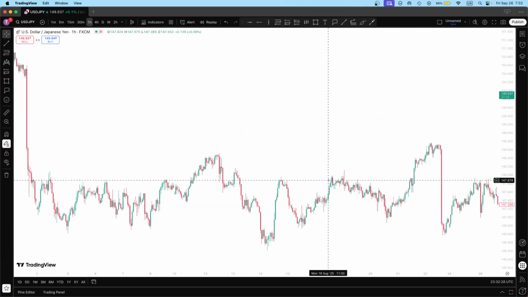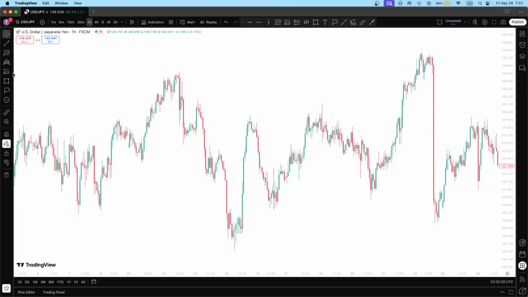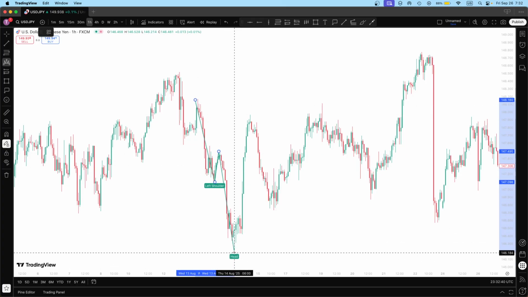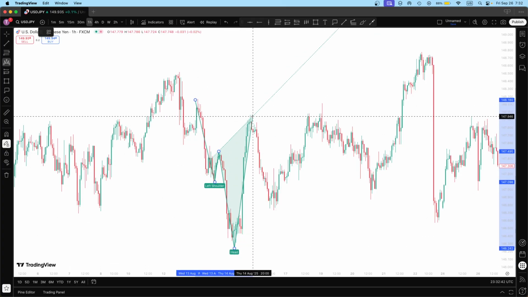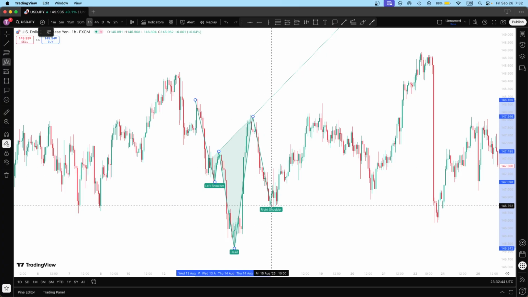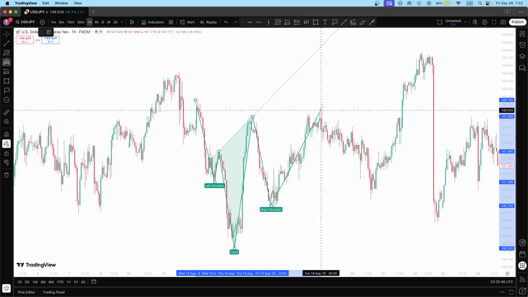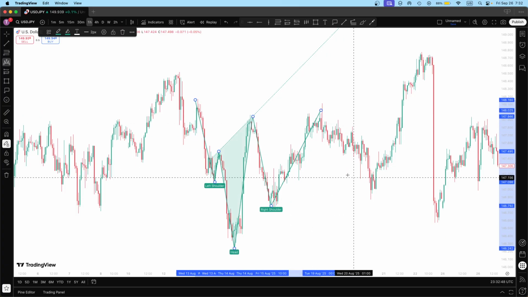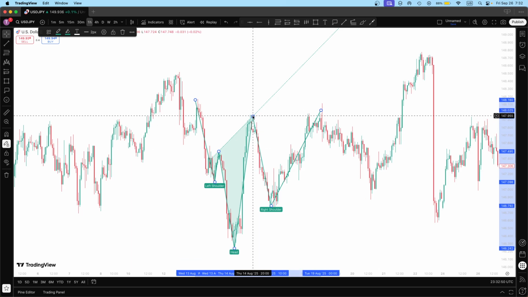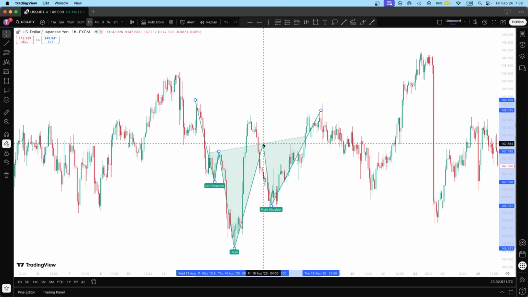This is a small one where you can see left shoulder, head, right shoulder. Okay, so it doesn't make much sense, but let's look at another one.